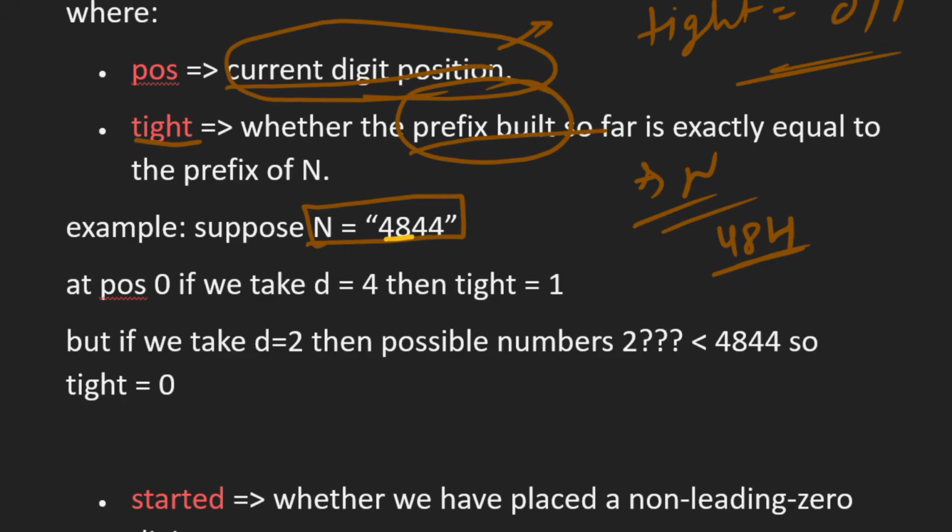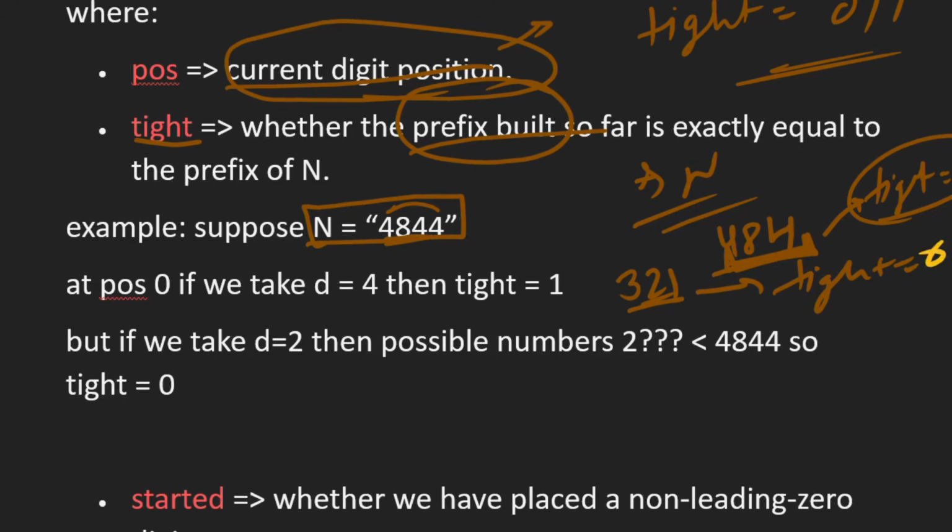If we see here also we have 484, and the number that we have built also has 484. So both have the same prefix. In that case the tight value will be 1, right? But let's say we have taken 321. If we compare 321 with 484, both are different. So in that case tight will be 0.